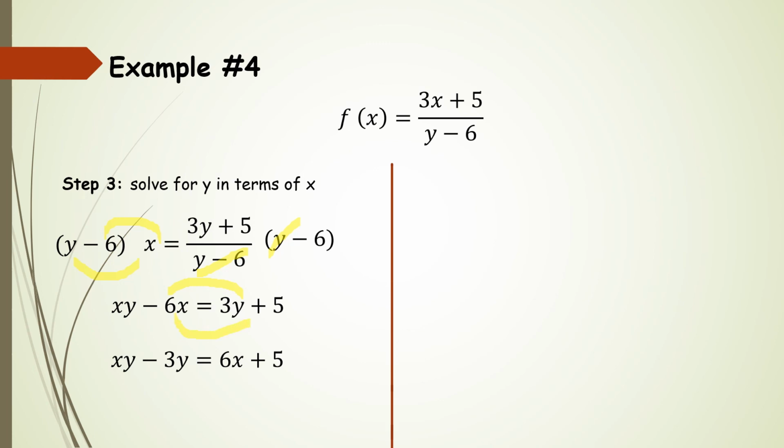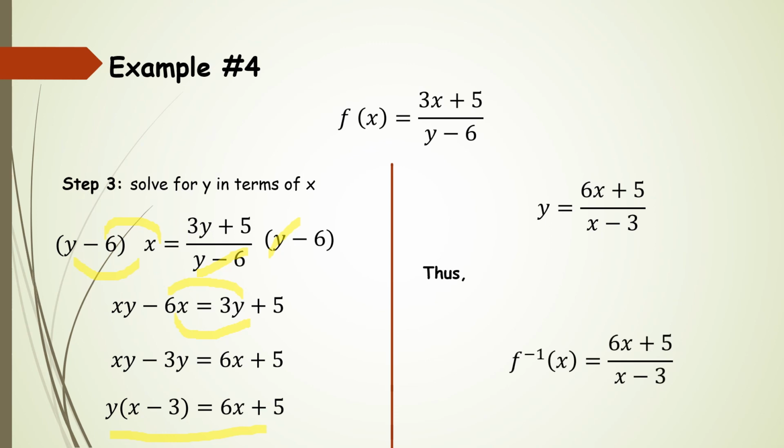So, we have xy minus 3y is equal to 6x plus 5. So, factor lang natin ang y. Gawin natin monomial factor ang y. We have y times the quantity of x minus 3 is equal to 6x plus 5. Dividing both sides by x minus 3. So magkakaroon tayo ng y is equal to 6x plus 5 all over x minus 3. Thus, the inverse of f of x is equal to 6x plus 5 all over x minus 3.